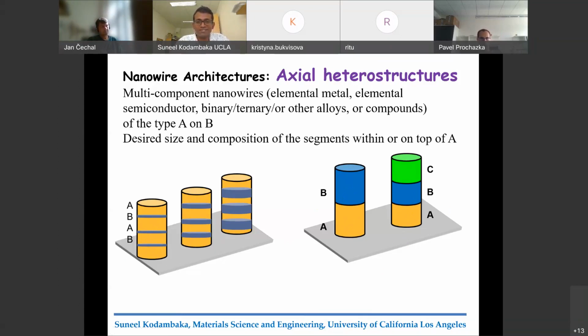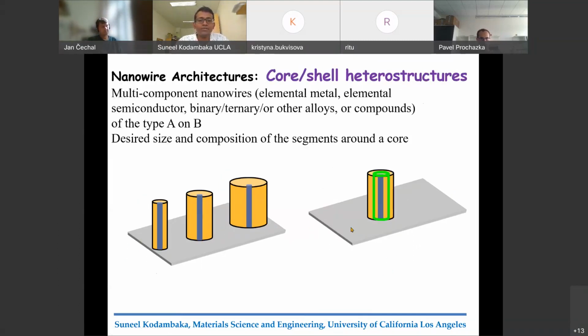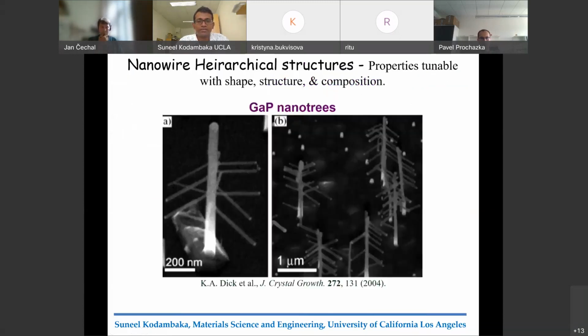You can synthesize them. And just like axial structures, you can make core shell and multi-core shell heterostructures as well. Okay. And here is one example from the Lund University group, Kimberly Dick's group, that had shown that you can grow these branches by sequential seeding of the catalyst.